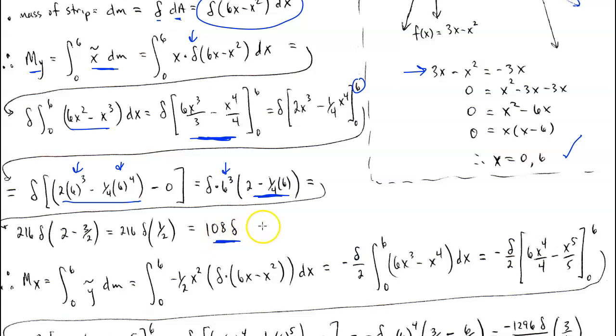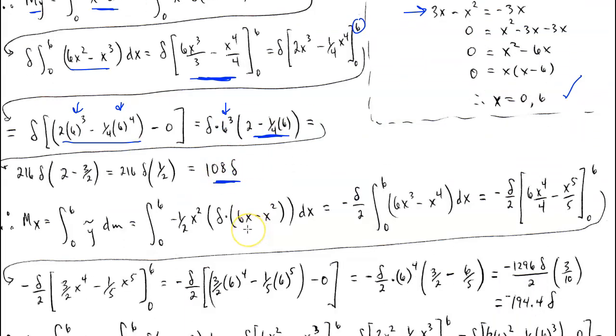If we do a similar thing for the moment about the x-axis, it's going to be y tilde dm. And if you remember, all of this is what dm is. So this lets you know that y tilde is this part. Put that in, and we factor out the negative delta divided by 2.